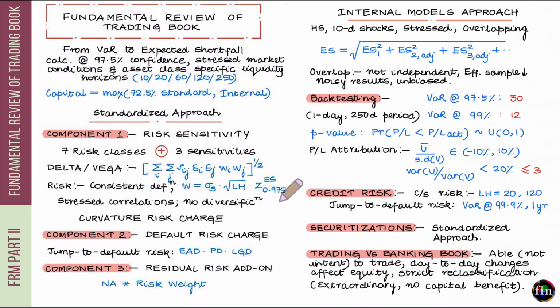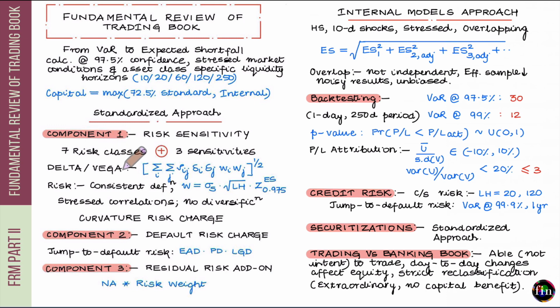Now, we don't have to worry about how worst case shocks are calculated because the values of these shocks along with stressed correlation numbers are provided directly by the Basel Committee. Okay, the bank only needs to provide the level of the risk sensitivity to each of the risk factors. Okay, so this is about computing the delta charge and the vega charge.